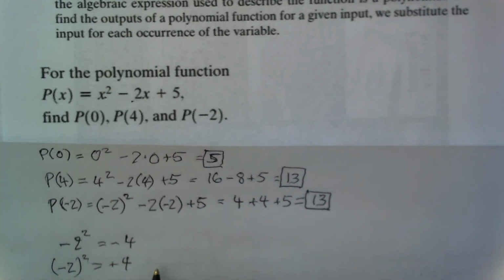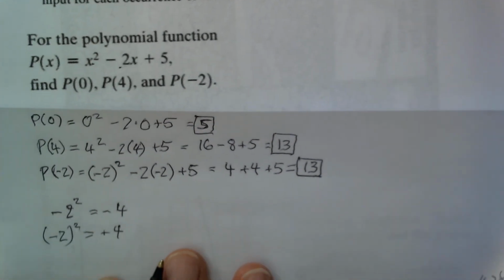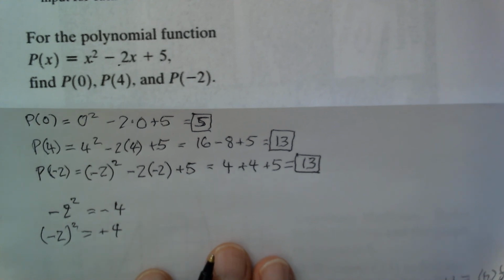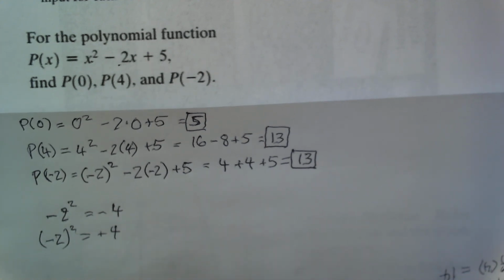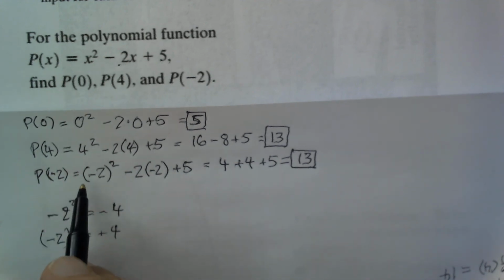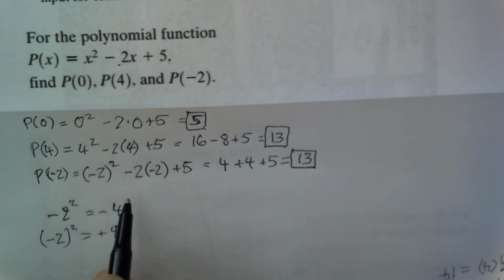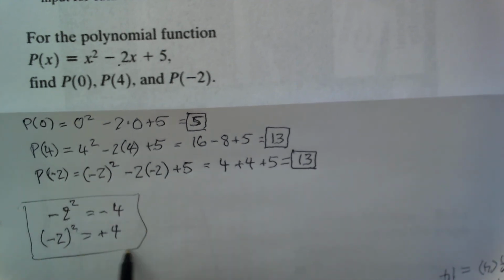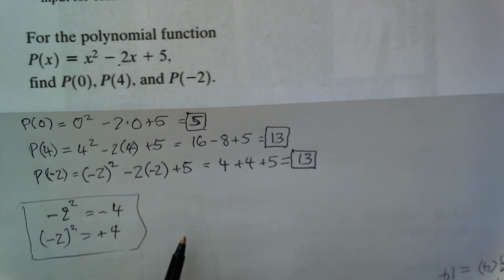Remember that. So it's really important that we use parentheses when we replace a variable with a number, and take special care when it's a negative number. You really, really want to use parentheses. Otherwise, things can really go wrong. So you may want to remember this little explanation here.